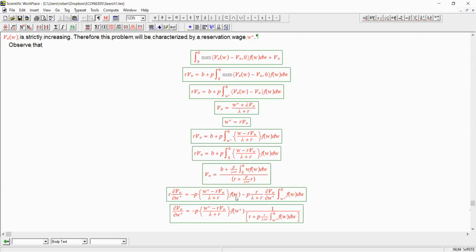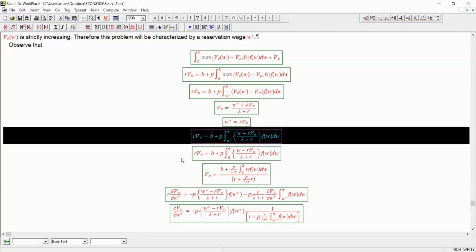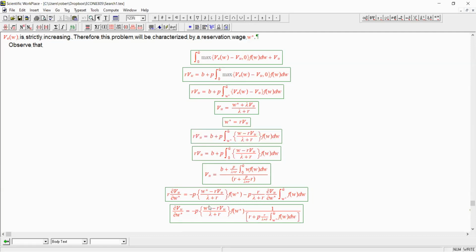That should be evaluated at W star. Remember that for the reservation wage, this is always true. So if there is a reservation wage, this is going to equal 0 at that point. In other words, the reservation wage will be a turning point for the function VU of W star, if there is one.